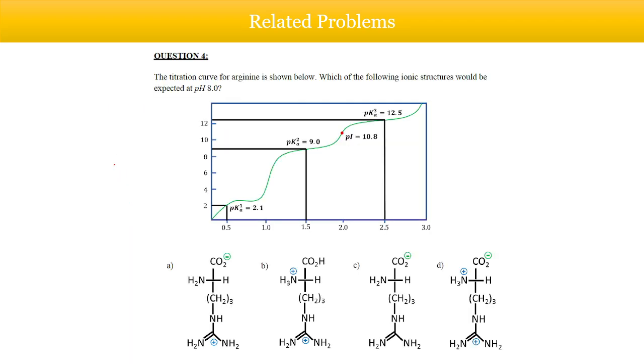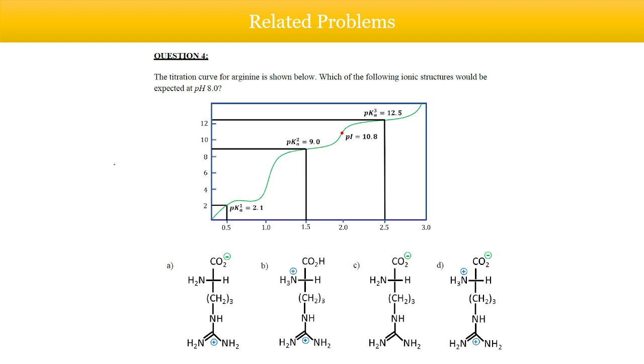The next question says the titration curve for arginine is shown below. Which of the following ionic structures would you expect at pH 8? At pH 8 the overall charge of the amino acid would be plus 1. As pK1 is 2.1, once the pH crosses this 2.1 value and until it reaches 9, the ionic form would be plus 1.